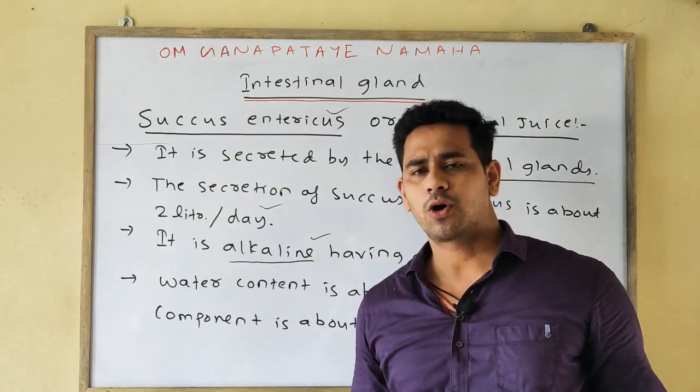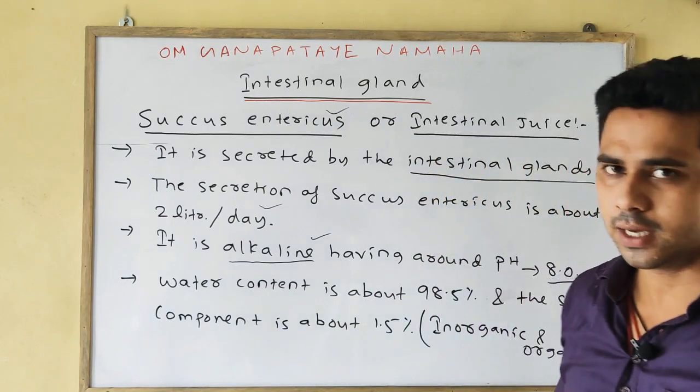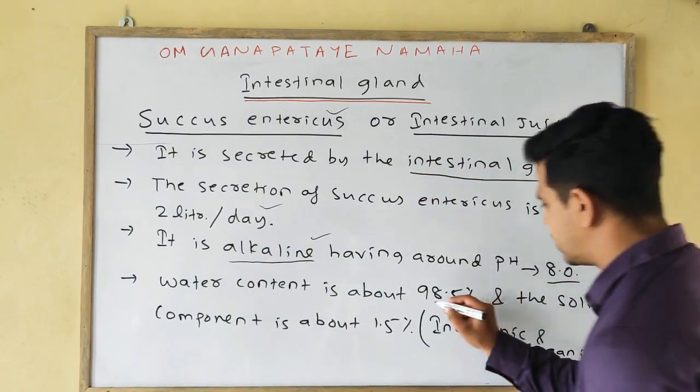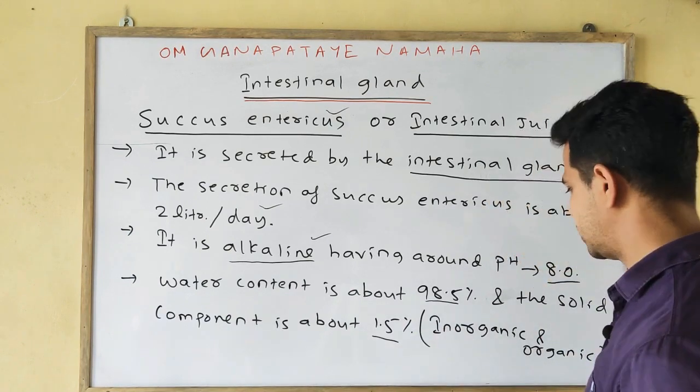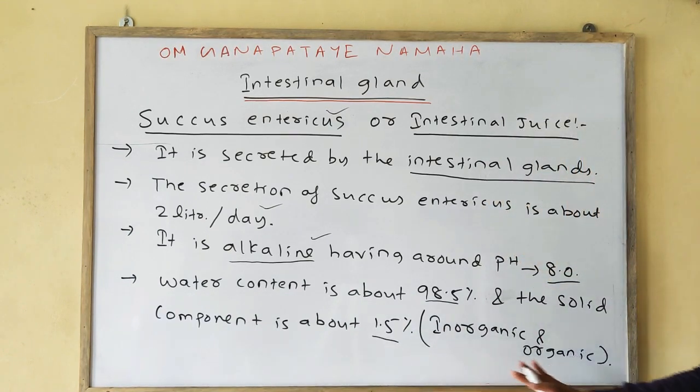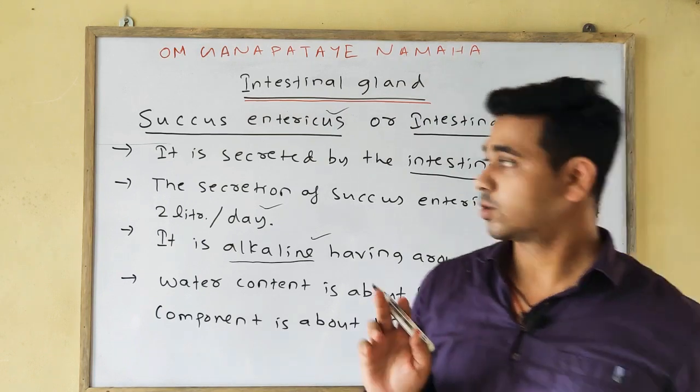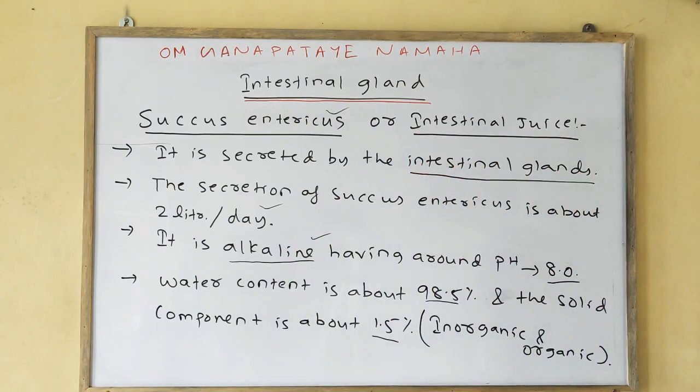Next, the composition or components present in the intestinal juice. The water content is about 98.5%, whereas the solid component is about 1.5%, which contains various inorganic and organic constituents. Please note down.